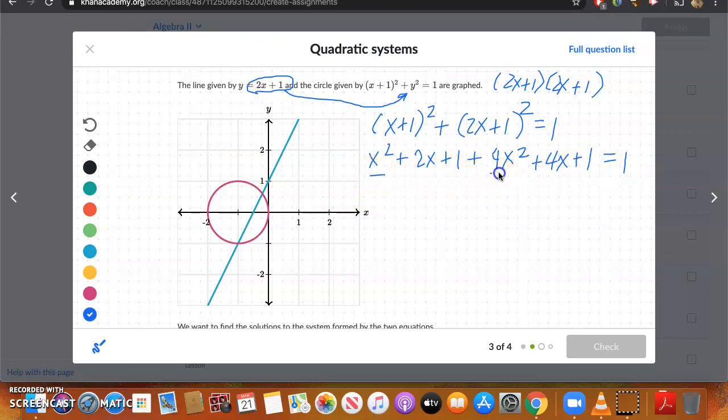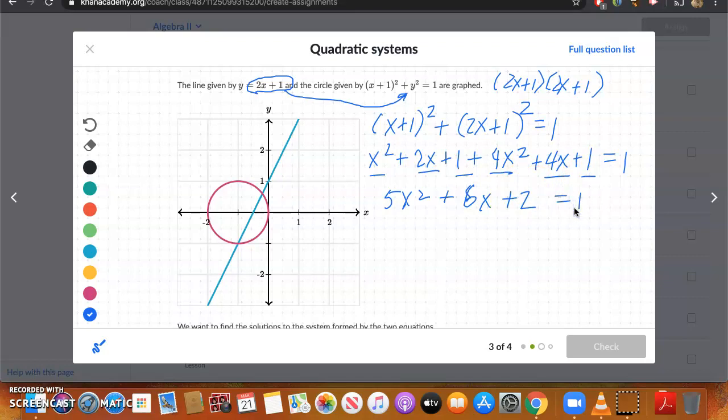All right? And now we're going to combine like terms. So we have 5x squared, and then we have the 2x and the 4x. That's going to give us 6x, and then we have the 1 and the 1, so plus 2 is equal to 1.